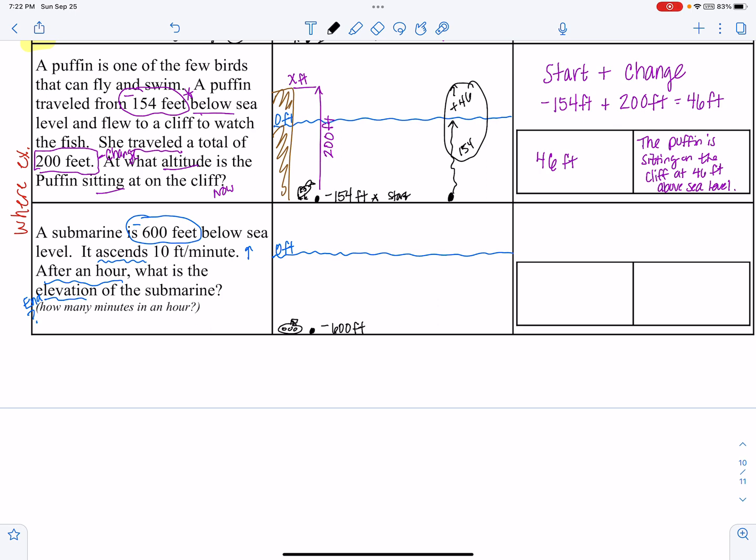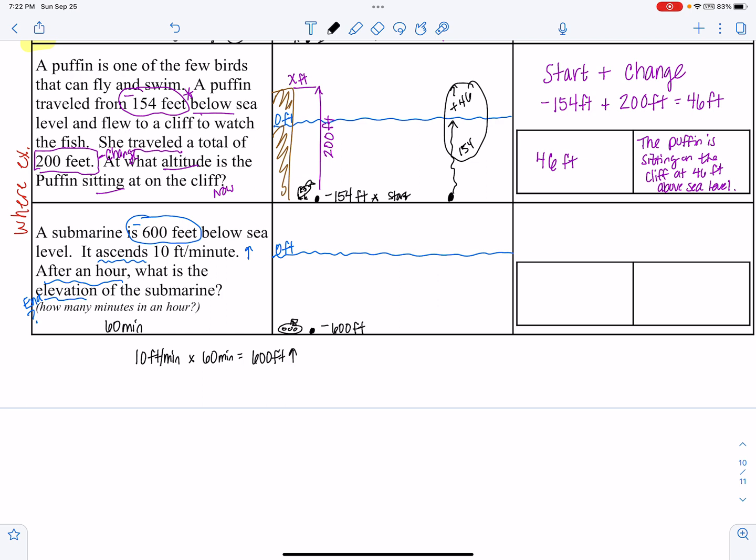So it ascends 10 feet per minute for an hour. Well, I know that an hour is 60 minutes. And so if it's doing 10 feet every minute, that's multiplication. So 10 feet per minute times 60 minutes. I know that I'm traveling 600 feet up, because I'm ascending.